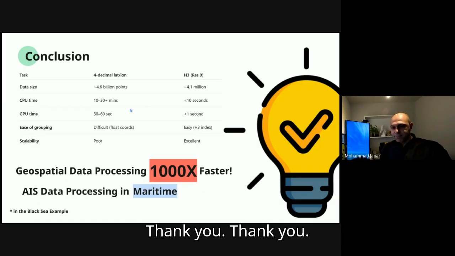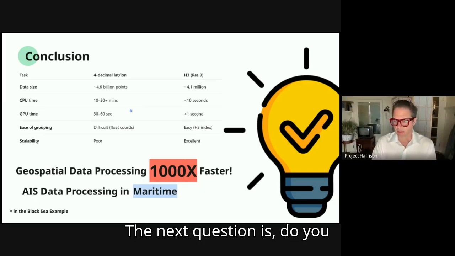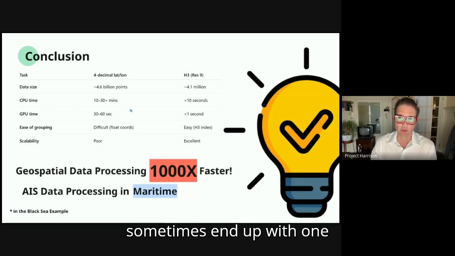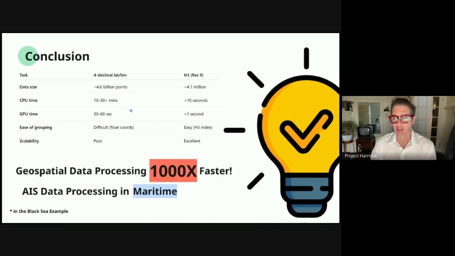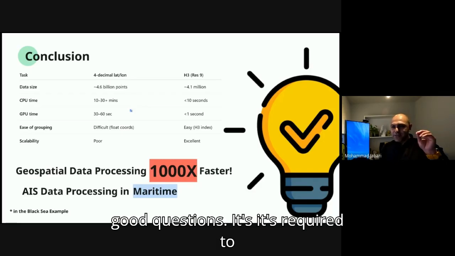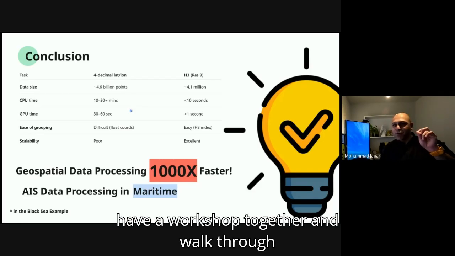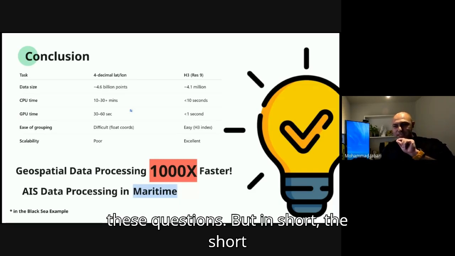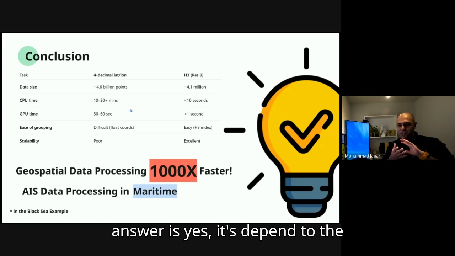Thank you. The next question is, do you sometimes end up with one hexagon crossing over two latitudes and longitudes? That's another good question. It would be good to have a workshop together and walk through these questions. But the short answer is yes.